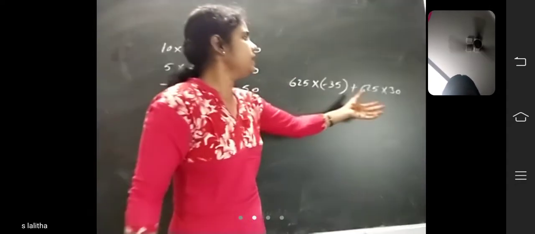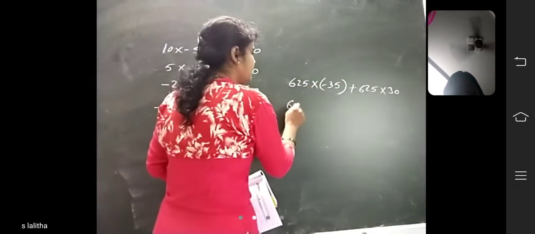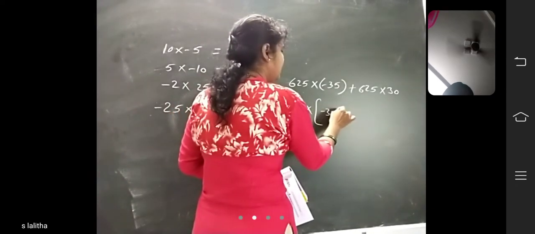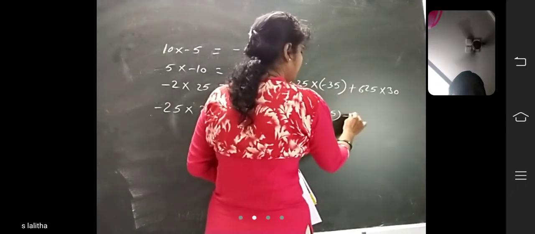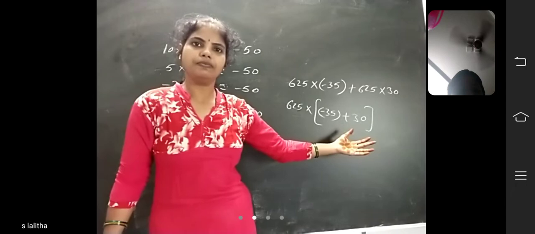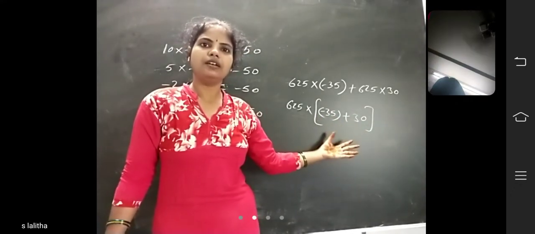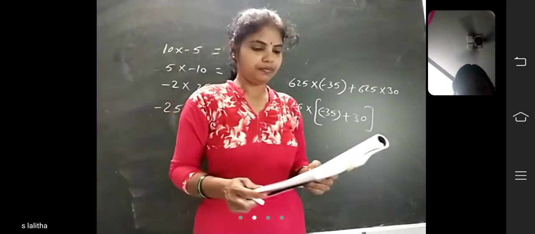Here what is common? 625 is the common. So you should take 625 into what is remaining here? Minus 35 plus 30. So which law you should use here? Multiplication and the addition. So which law is it? Distributive law. Okay, you can do like that.